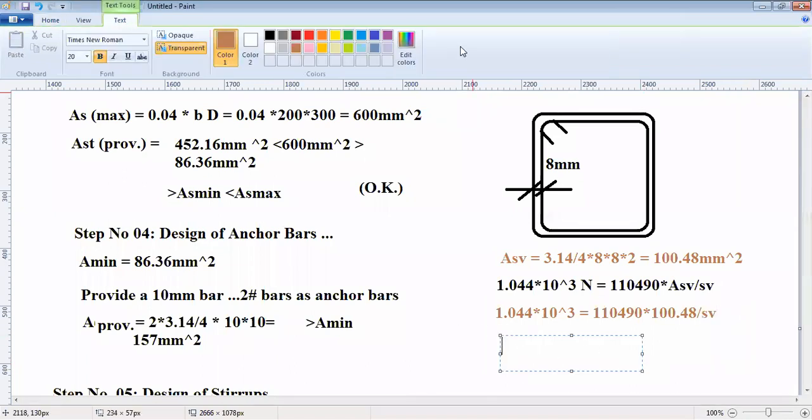So what is SV now? You need to calculate SV now. It comes to 10.634 mm.